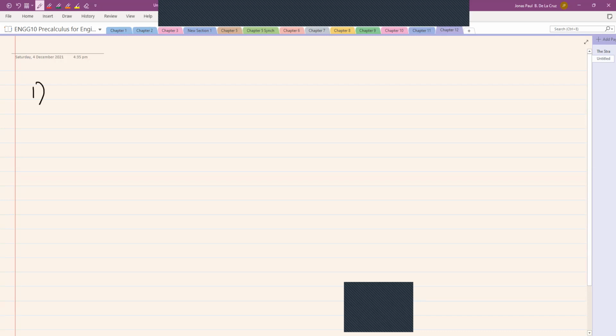So, ganun pa din yung rule natin sa written. Yung kung group kayo, dapat pare-parehas yung sagot ninyo, ano? Pero you have to upload your solution individually. Yun lang dapat pare-parehas yung magkaka-group. Okay?